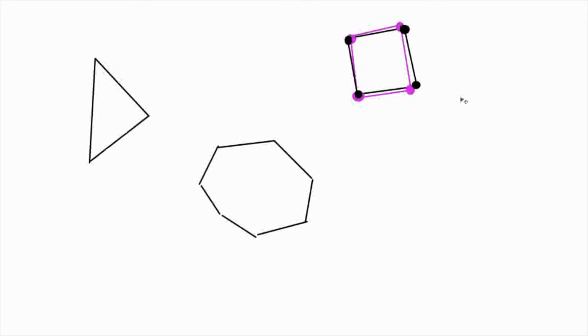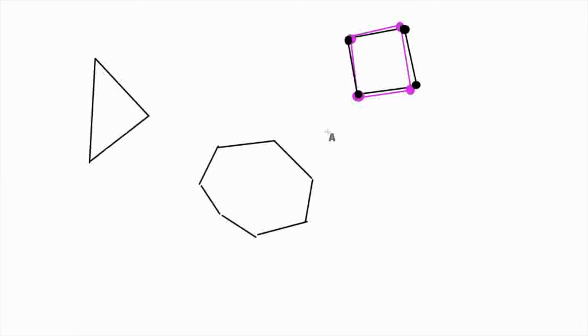Now, an equivalent way to check if two polygons are congruent is if all the corresponding line segments and angles are congruent. We've already made sure that we know what it means for line segments and angles to be congruent.